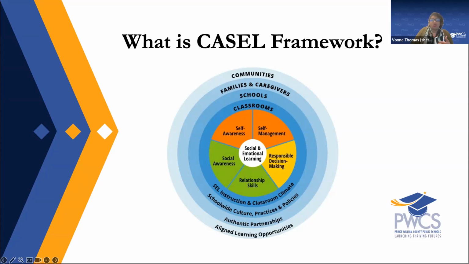It's also teaching practices such as cooperative learning, project-based learning, and group work. At the school level, which is the second part of our wheel, SEL strategies typically take the form of systems and practices that will model social emotional competence throughout the school community.